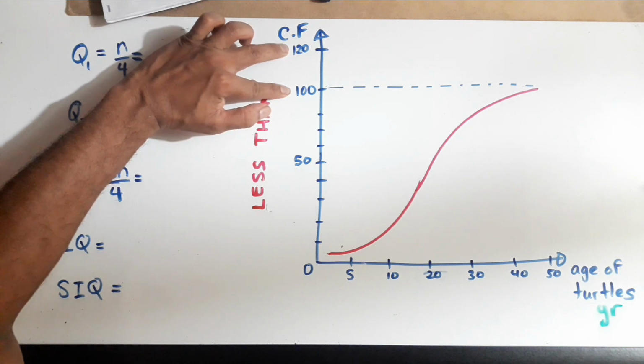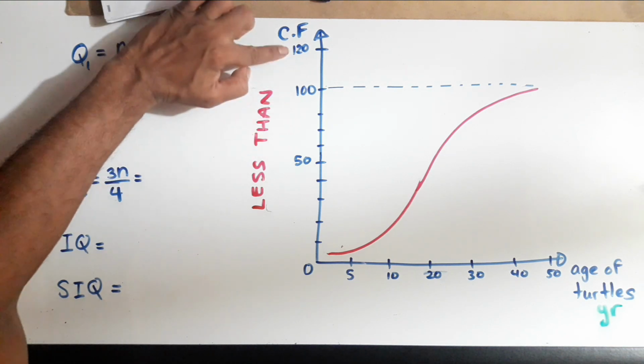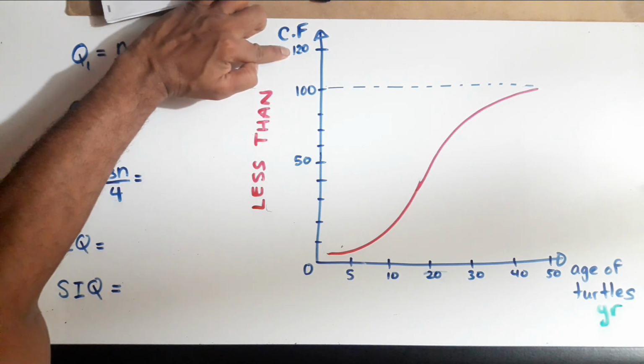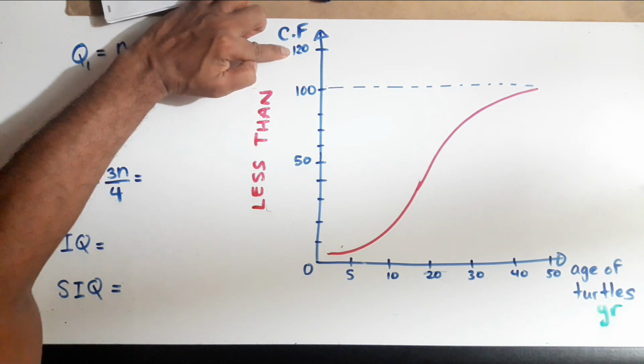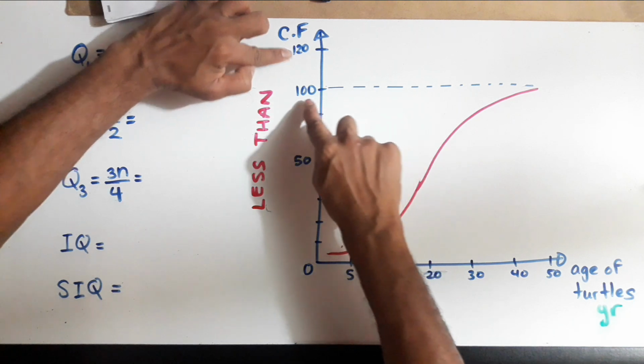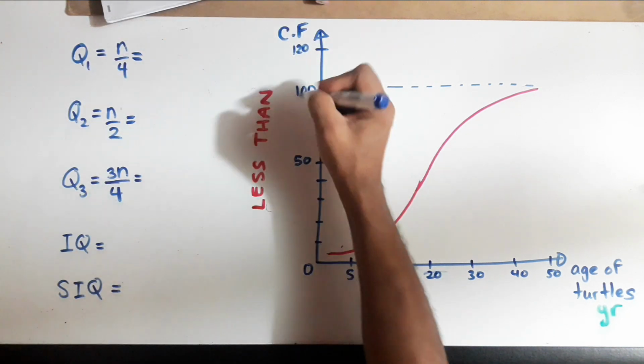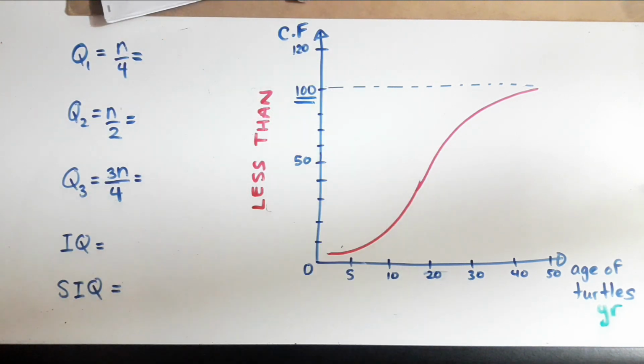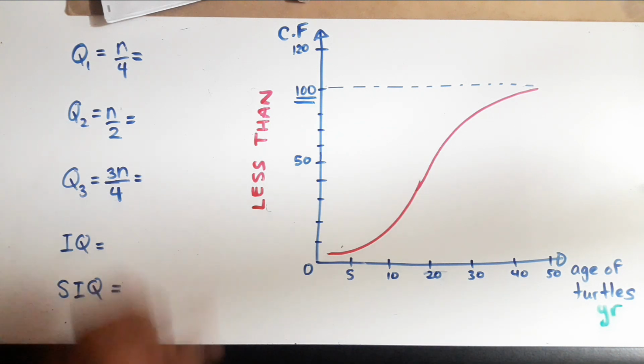It's a common trick in the exam. Your graph here goes up to 120, so you might think it's 120 turtles. But look at this graph. This graph only goes up to 100. So it's really only 100 turtles involved in this survey that we're doing, right? So don't be fooled by that.